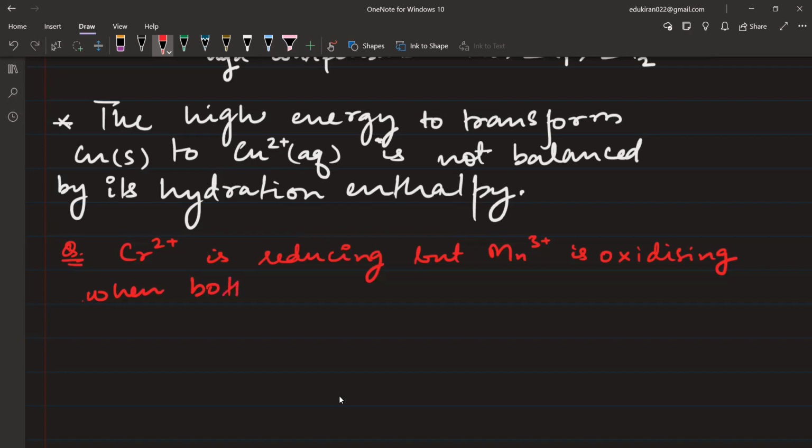When both have not +4, D4 configuration. Okay.